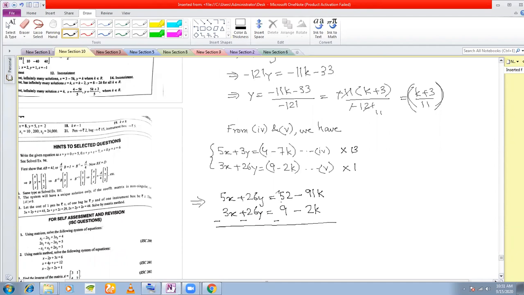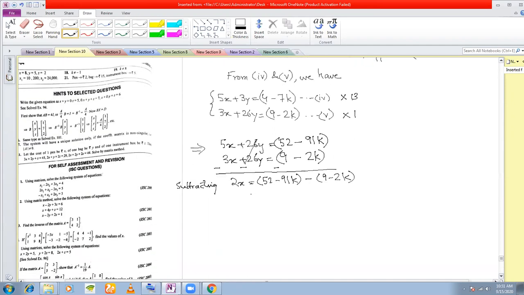Okay, this is the expression within brackets. So this cancels off, subtracting. So what do you get? 5x minus 3x is equal to 2x. And this you get 52 minus 91k minus 9 minus 2k. Okay, so this you get as 52 minus 91k minus 9 plus 2k.